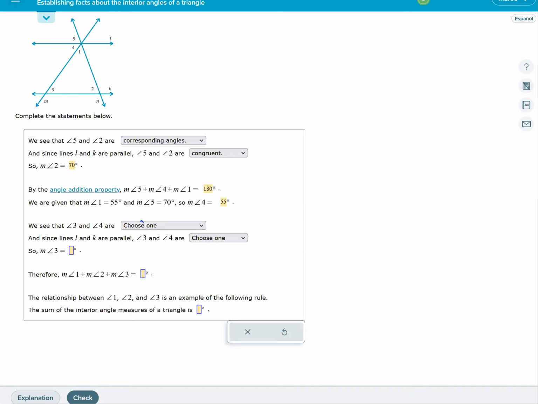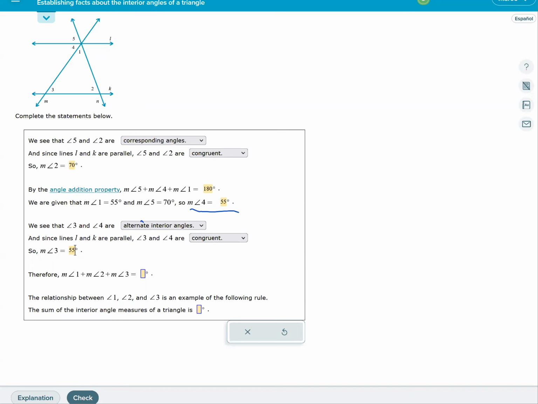When the lines are parallel, your alternate interior angles are congruent. So measure angle 4, which we just wrote up here, is 55 degrees. And since 3 and 4 are congruent, angle 3 will also be 55 degrees.